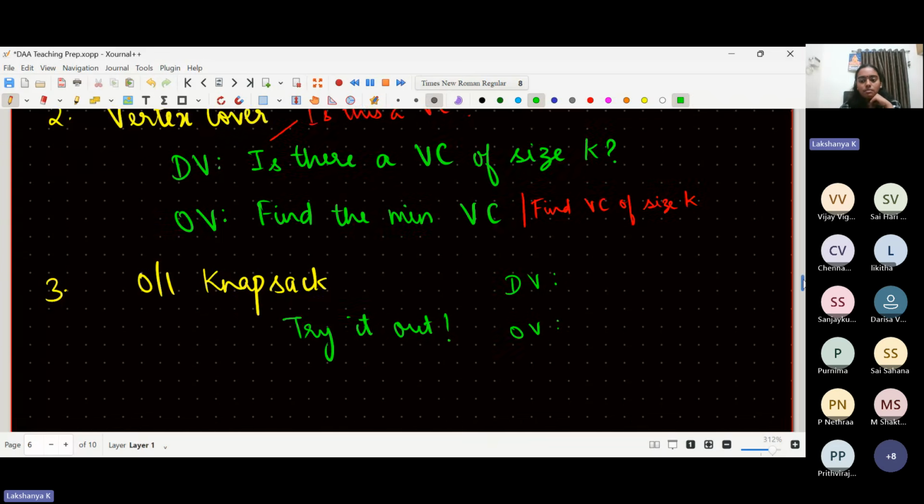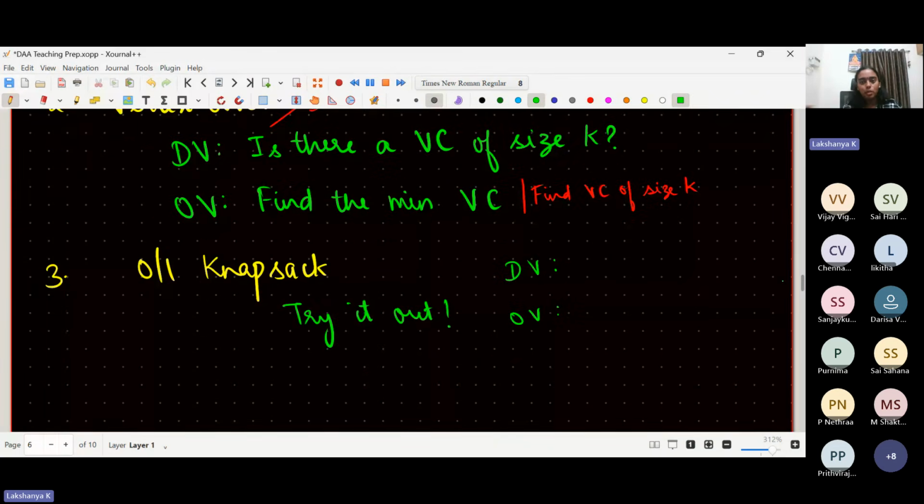You don't have to state the entire problem formally mathematically. Just give me a rough description of what you think the optimization version should be and what you think the decision version would be.